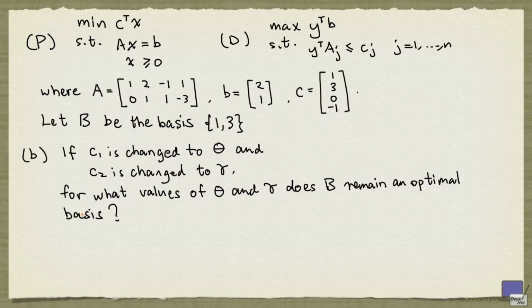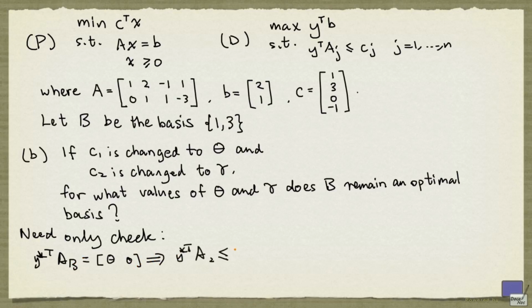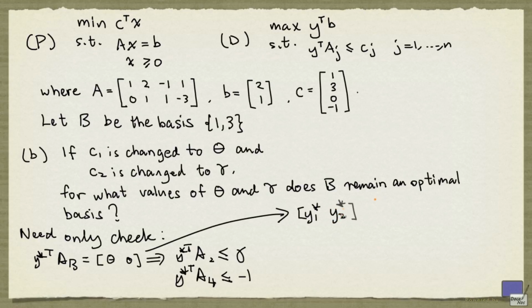So what we need to check is the second condition, that y star satisfying this implies that y star transpose A2 is at most gamma, and y star transpose A4 is at most minus 1. So we need to solve for y star first, and this system is simply (y1 star, y2 star) times the matrix with rows (1, minus 1) and (0, 1) equals (theta, 0).